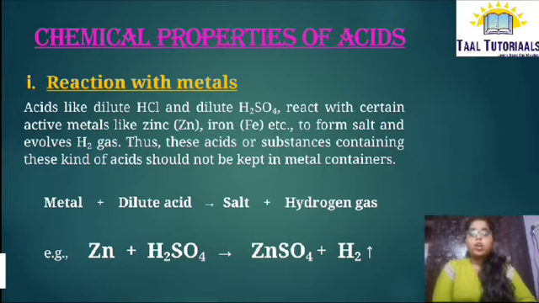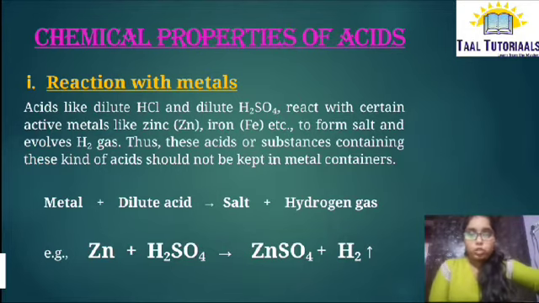Thus, these acids or substances containing these kinds of acids should not be kept in metal containers. Here is a general representation of the reaction: metal plus dilute acid gives salt plus hydrogen gas. Example, zinc plus sulfuric acid gives zinc sulfate, and hydrogen gas is evolved.